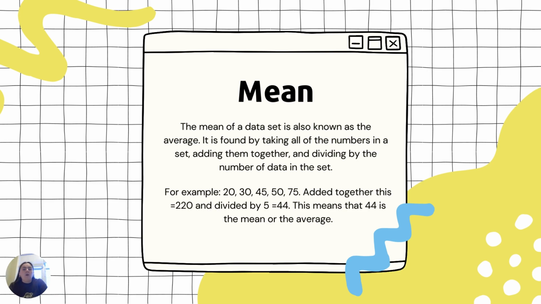So that's really helpful. And then, yeah, I think that mean is used extremely commonly. It's probably the most common of the measures of central tendency. So yeah, there are some situations in which it shouldn't be used, and I'll get into that in a second.